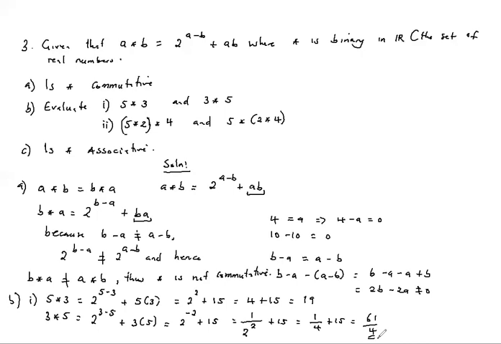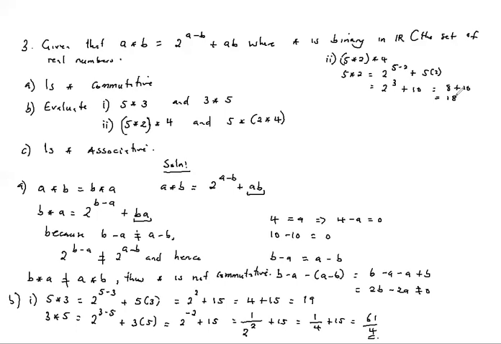Okay, so let's do the second one. We'll do it from here: 5 star 2 star 4. So start with 5 star 2. 5 star 2 is the same as 2 to the power of (5 minus 2) plus 5 times 2. This is 2 to the power 3 plus 10, which is 8 plus 10. So we get 18.